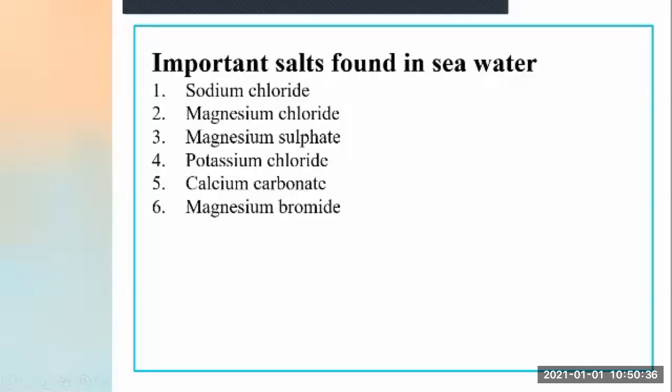Okay, now see, we'll go to important salts found in seawater. What are the important salts found in seawater? Sodium chloride, magnesium chloride, magnesium sulfate, potassium chloride, calcium carbonate, magnesium bromide.